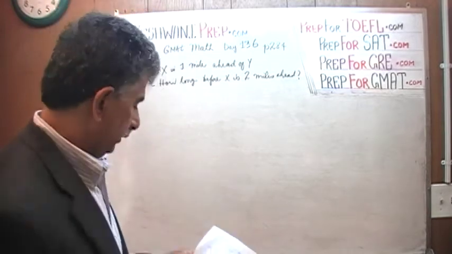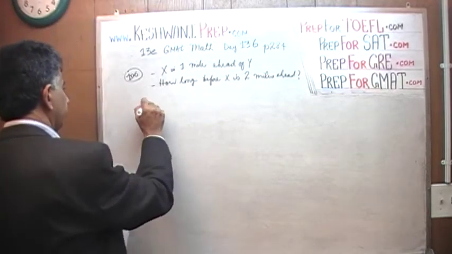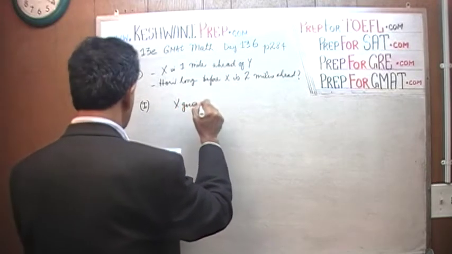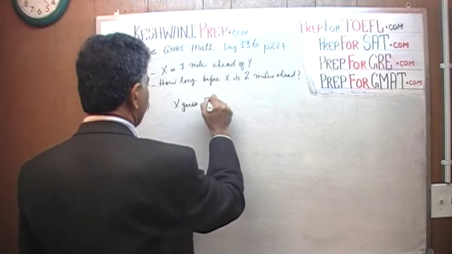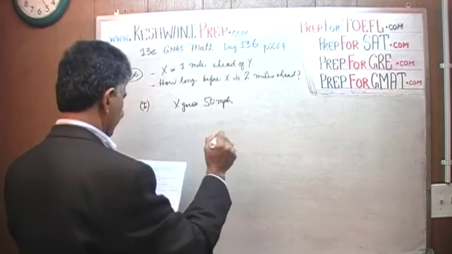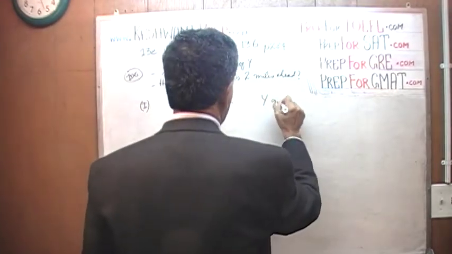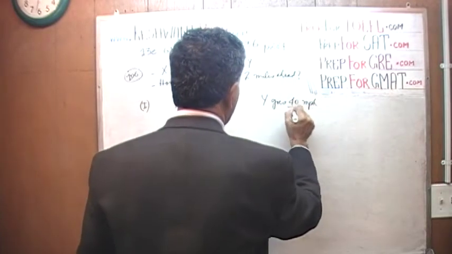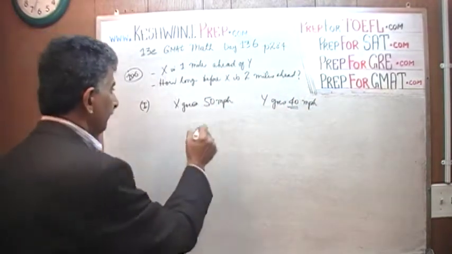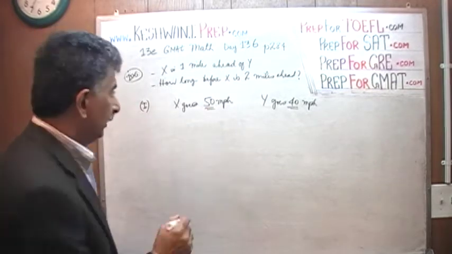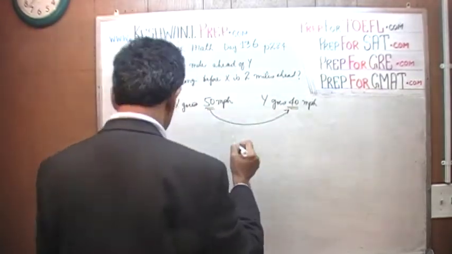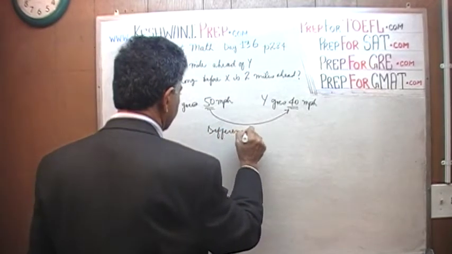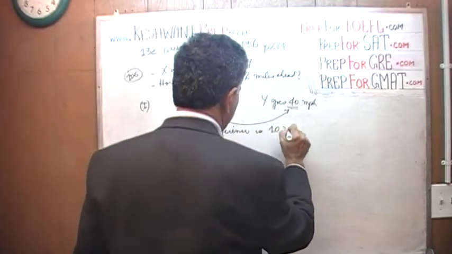That's all. In the first statement they tell us that x goes 50 miles per hour. We are told that y goes 40 miles per hour. If y is going 40 miles an hour and x is going 50 miles an hour, their difference is 10 miles per hour.